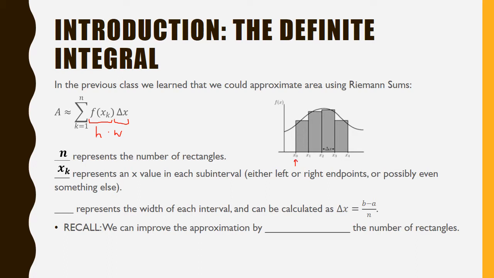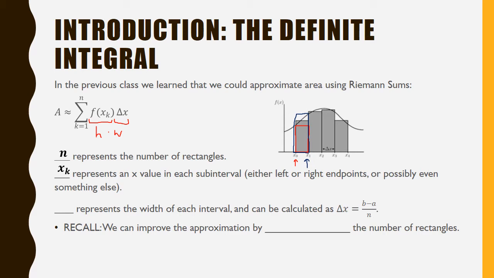So if on our first rectangle here we had determined the height on the left side, then we would have a red rectangle. If we had determined the height on the right endpoint, then maybe instead we would have had the purple rectangle as our first rectangle.